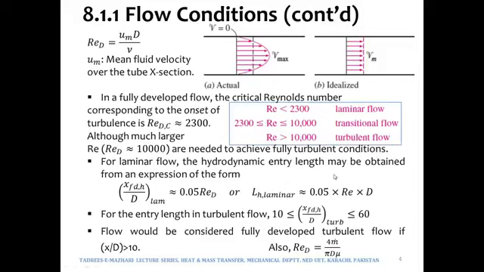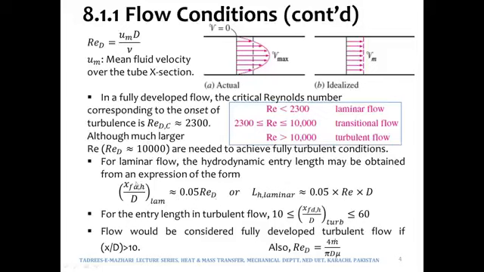So the hydrodynamic entry length may be obtained from an expression of this form. x FDH over D, where x FDH means fully developed hydrodynamic length and D is the diameter of that particular pipe, in laminar flow is approximately 0.05 Reynolds number.